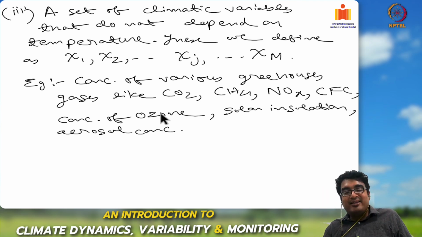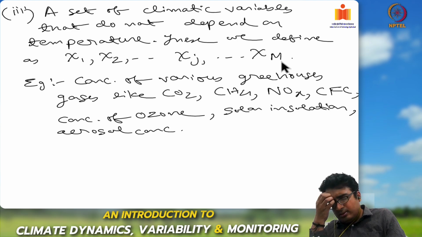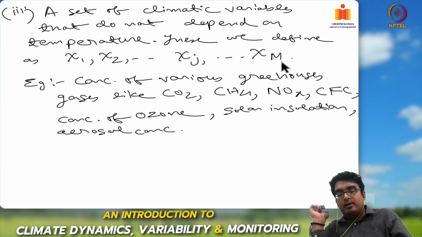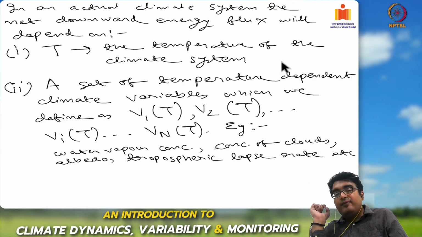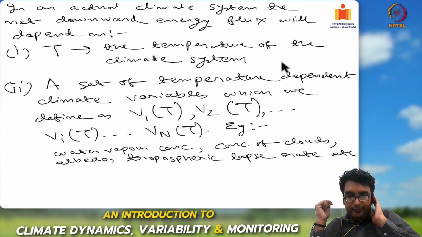The sun itself has its own cycle, so that also is a variable that needs to be taken into account in this set. So a set of variables that impact the net incoming radiation without being dependent on temperature of the system, a set of variables that are dependent on the temperature and impact the net incoming radiation, and finally the temperature itself. Okay.